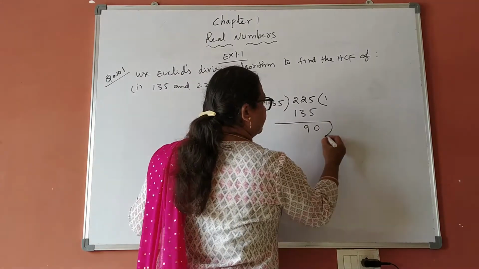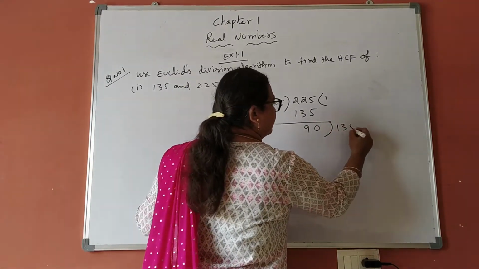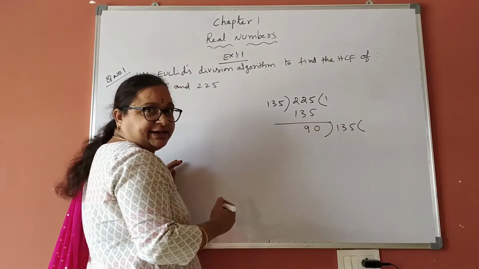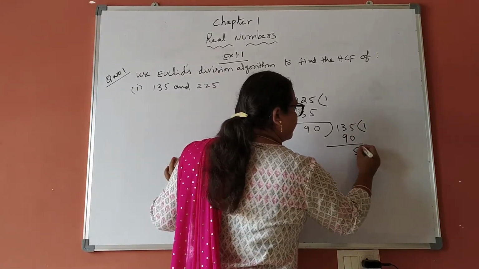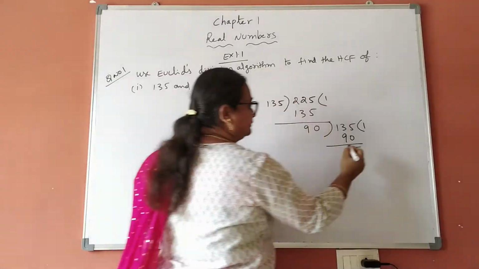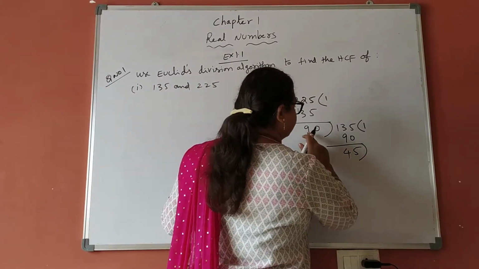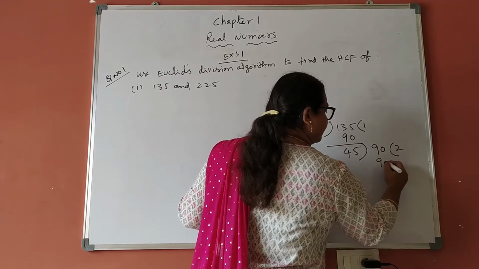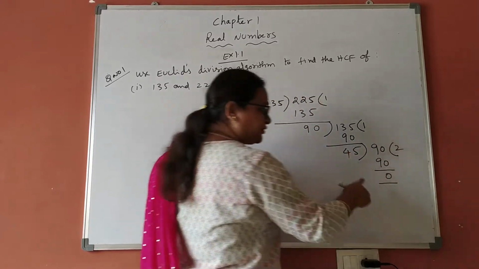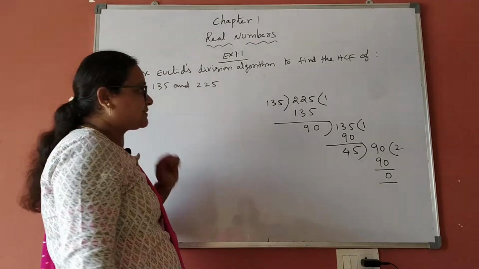Now 135 is divided by 90. 1 time 90, remainder 45. Now this becomes the divisor and 90 is the dividend. 45 twos are 90, 0 remainder. We got 0 remainder, so we stop the process.